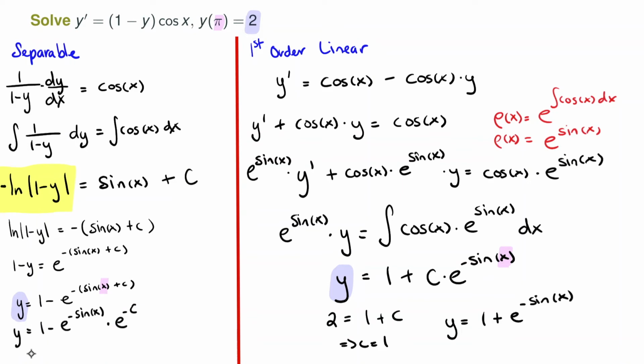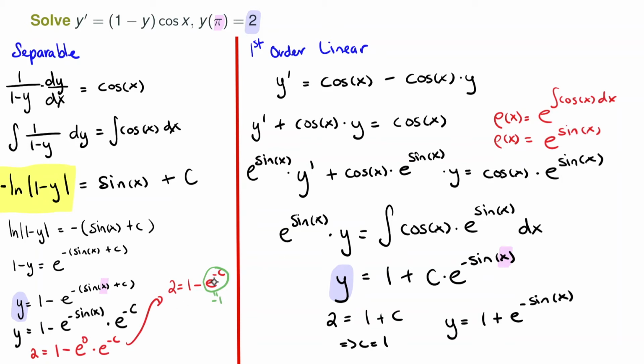So we substitute, we get 2 equals 1 minus e to the sine of pi. Now we know sine of pi is 0, so that's e to the 0, which is 1, times e to the negative c. We get the expression 2 equals 1 minus e to the negative c. So whatever this e to the minus c is, we know the only way you're going to get 2 here is if this whole term equals negative 1, because 1 minus negative 1 is 2.